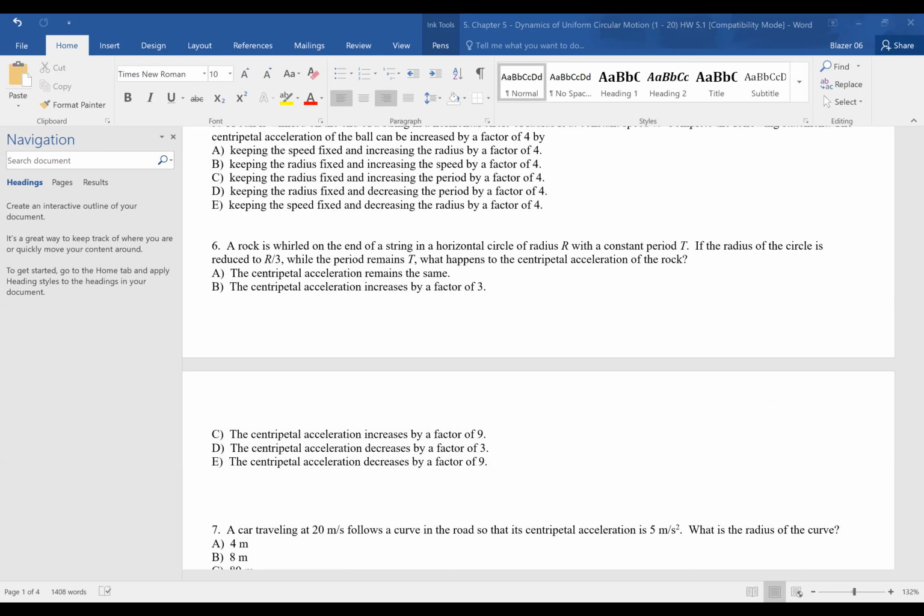And we said when the radius is reduced, that the centripetal acceleration has to increase by some factor. So that's one thing you want to keep in mind. As keeping the period constant, if we reduce the radius, the acceleration has to increase. That's what that problem is asking you to think about. So the first thing you know is it has to increase. So that kind of narrows your choices right there.